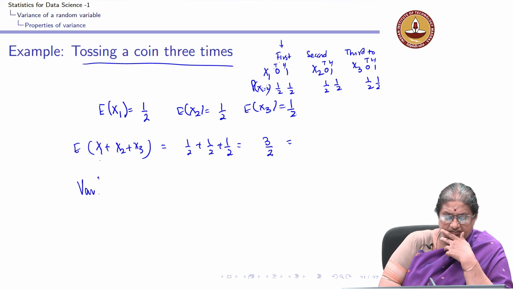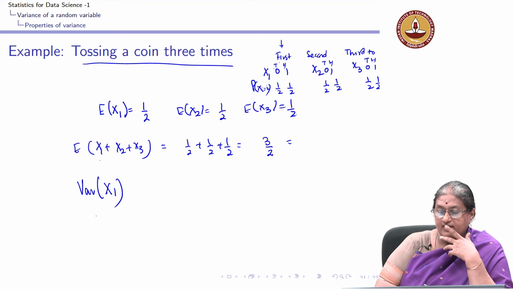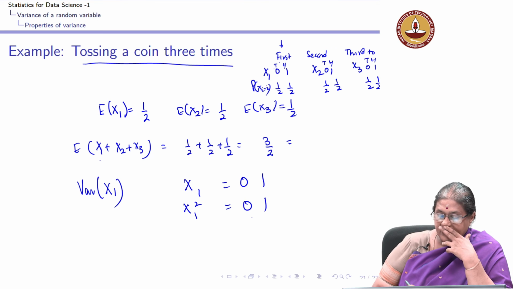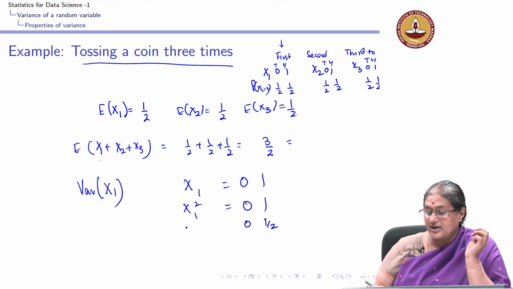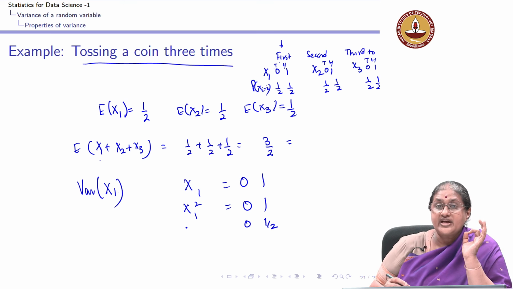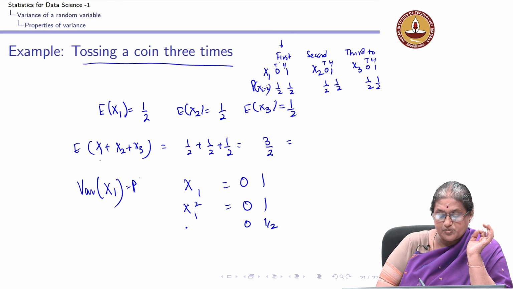Now let's look at the variance of x1. If x1 takes the value 0 and 1, I know x1 square also takes the value 0 and 1 with probability half each. Recall this is a Bernoulli random variable. We know the variance of a Bernoulli random variable is p into 1 minus p. P in this case is half.